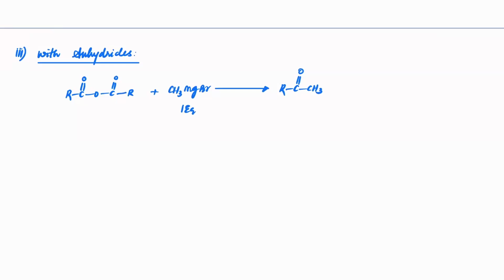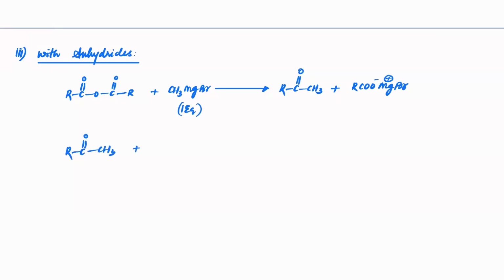Okay. So then I'll get this as RC double bond O CH3 plus the other compound will be RCO minus MgBr plus, the first equivalent. And again you get a ketone here.